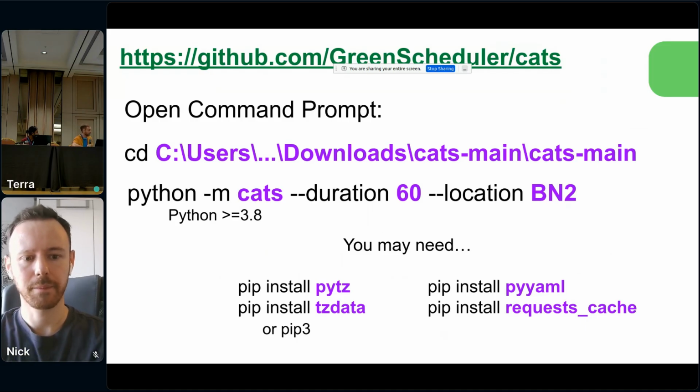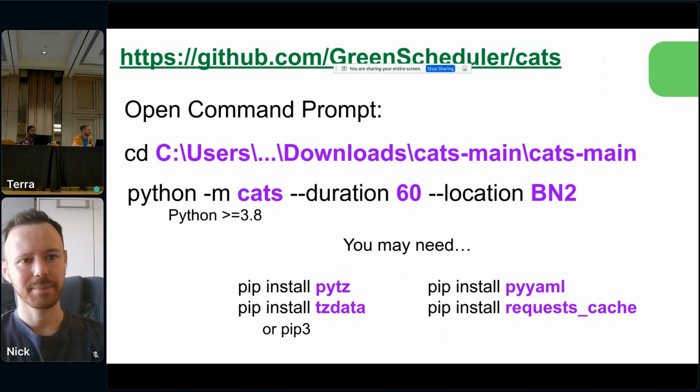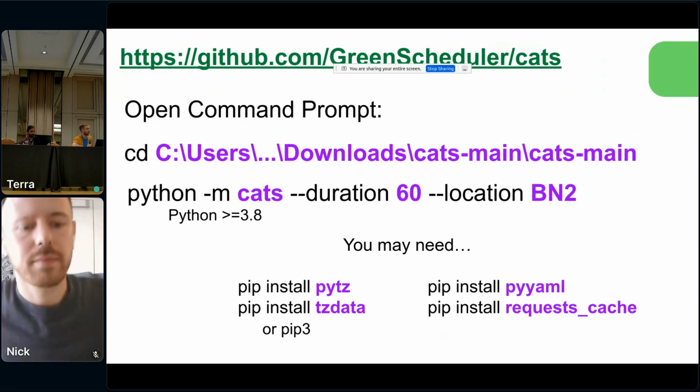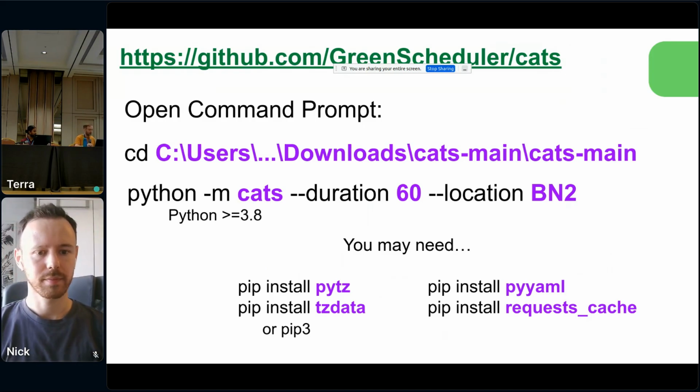Apparently the UK has this, one of the few things that the UK is not awful at the moment. So that means that they were able to use it easily. But if you know of other places that have this kind of information available through an API, then the developers, I'm sure, would be happy to get a pull request to add that into the tool and make it a bit more widely useful.